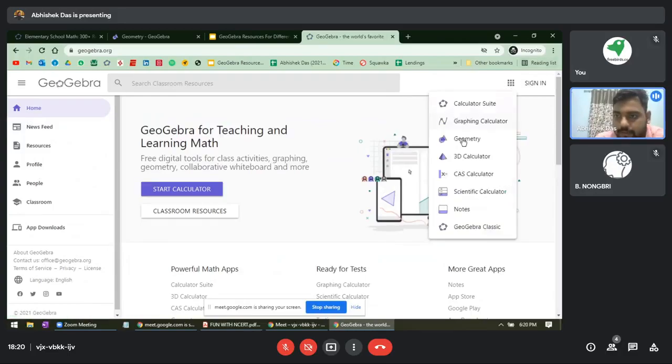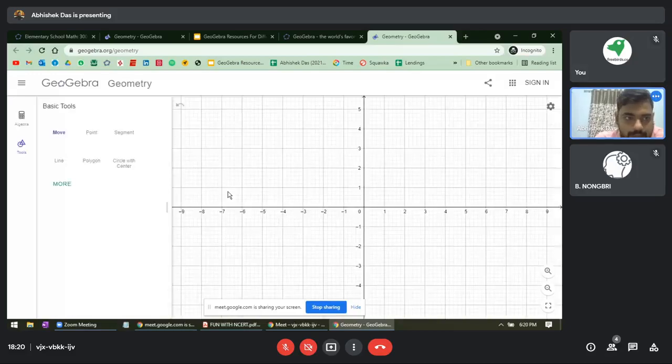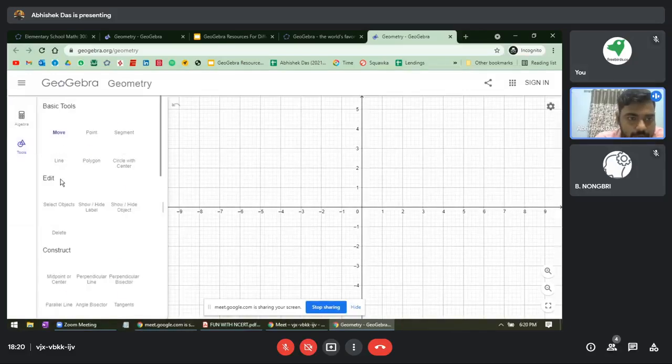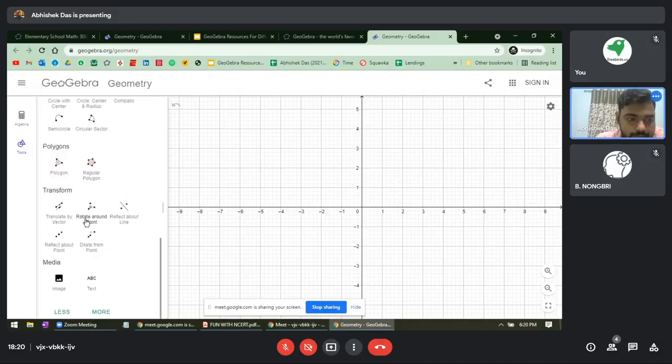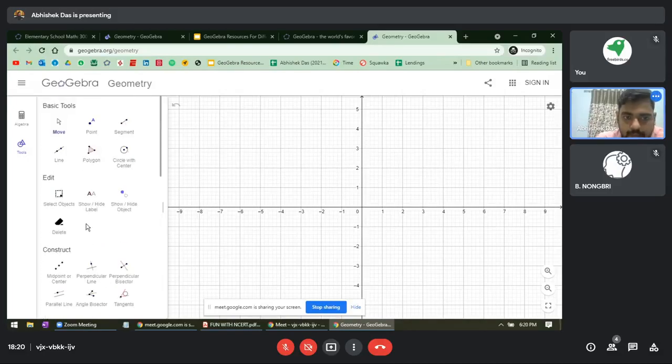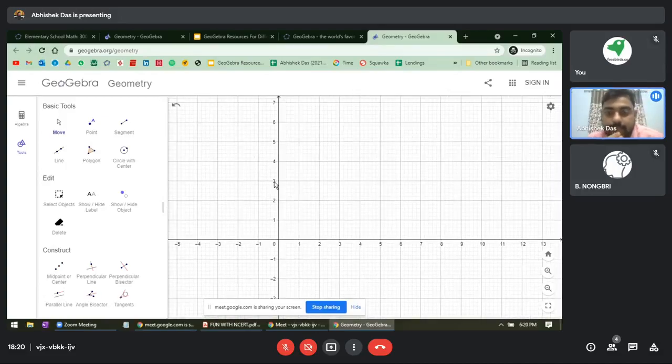You can just start off with geometry app again. All right. And I would like you to go through all of the tools given in this menu, right? And it would be very helpful for you in terms of understanding mathematical concepts that I can be very definite of. It would be very useful to you.